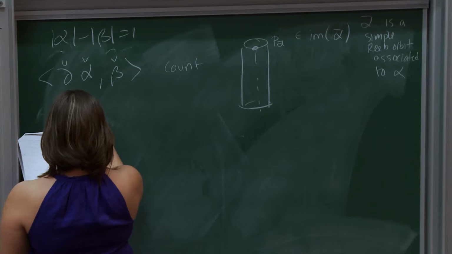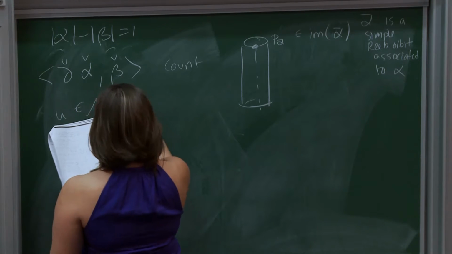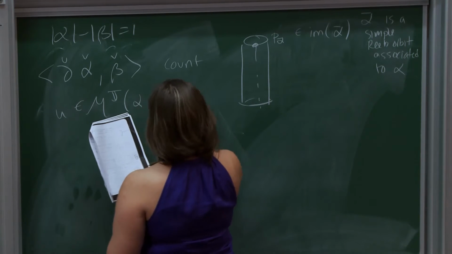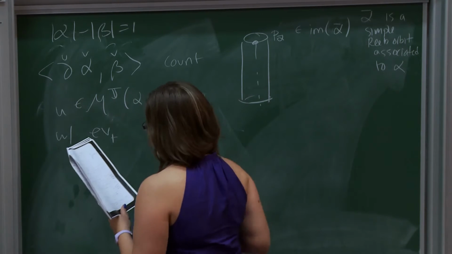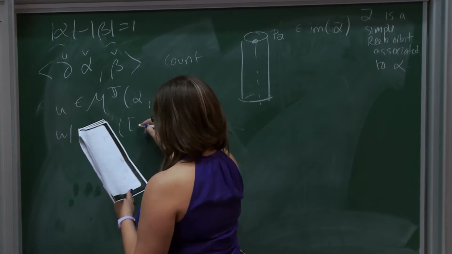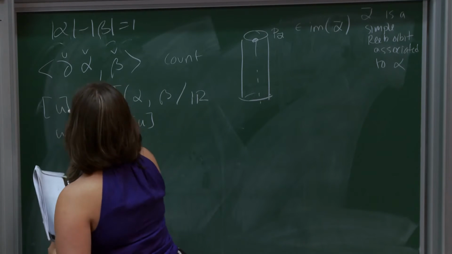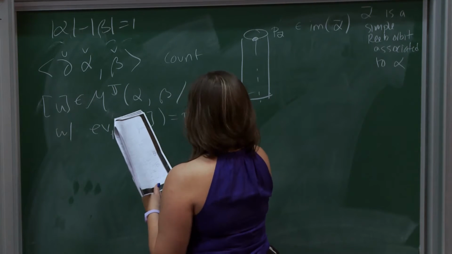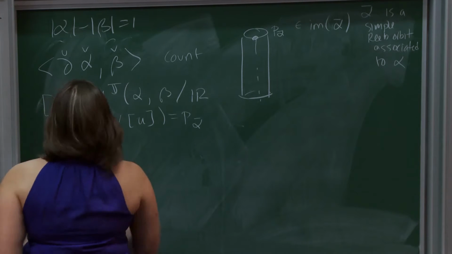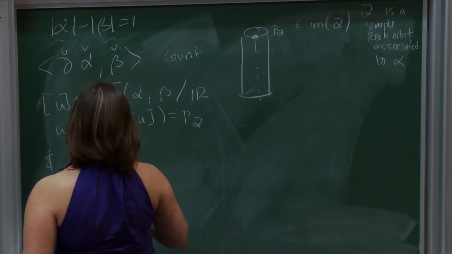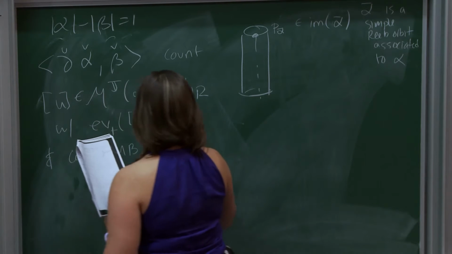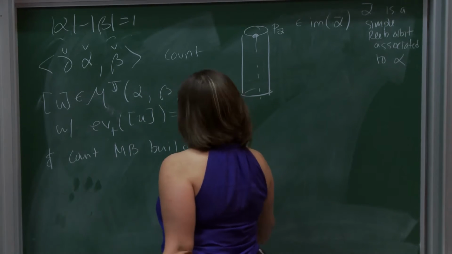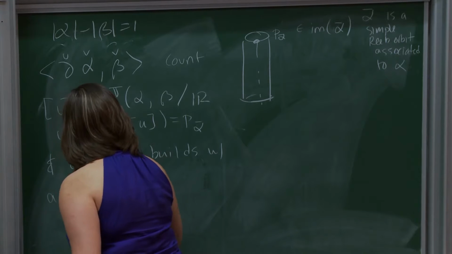This is going to be curves U in this moduli space going from alpha to beta mod R, with the positive evaluation map of your curve U being equal to P alpha bar. And we're also going to have to count Morse-Bott buildings with a cyclic ordering condition.